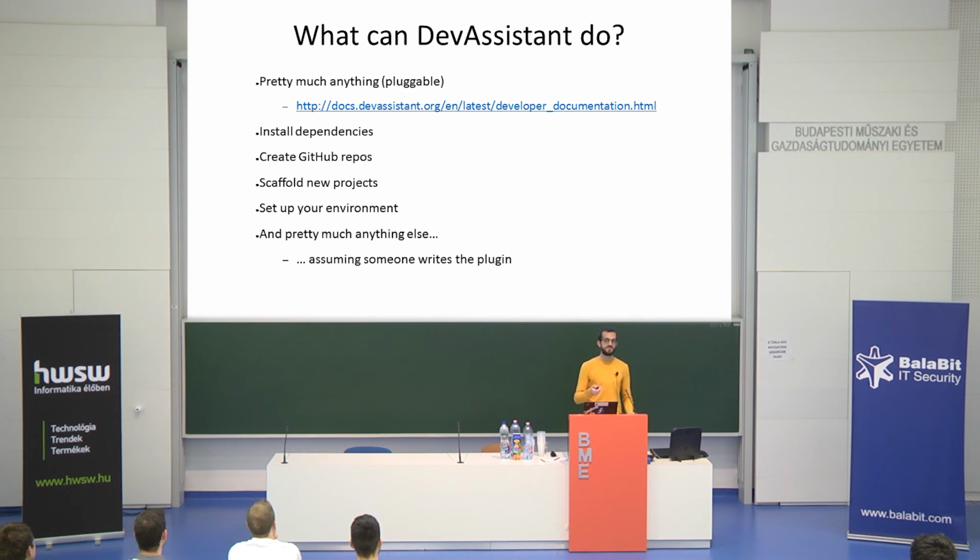They can, say, build Docker images or run Docker containers and link them together properly. And just a variety of stuff, pretty much anything you can think of. It's really highly pluggable. And it can do anything, assuming someone actually writes the plugin that does that. So, we try to write a lot of plugins, but it's really time-consuming.